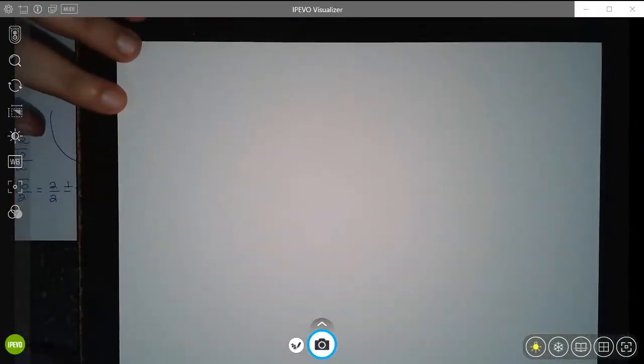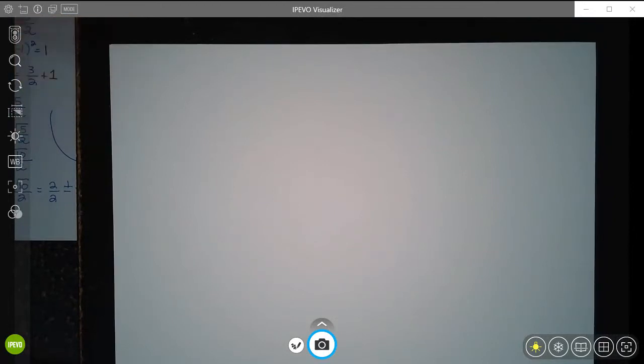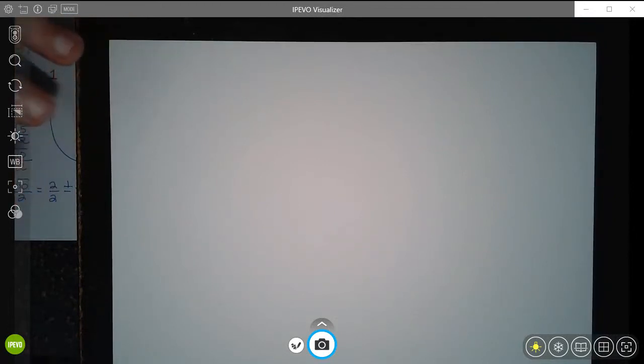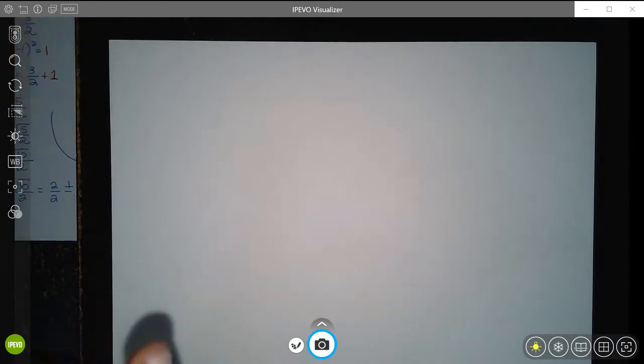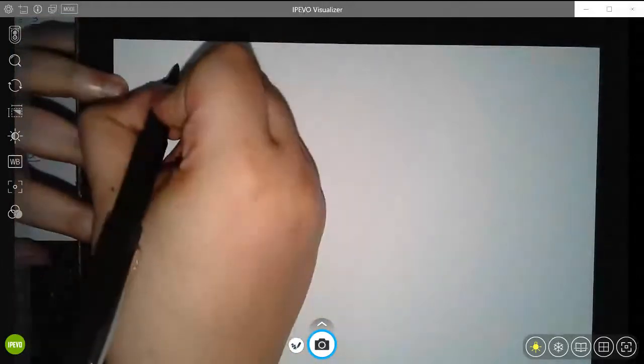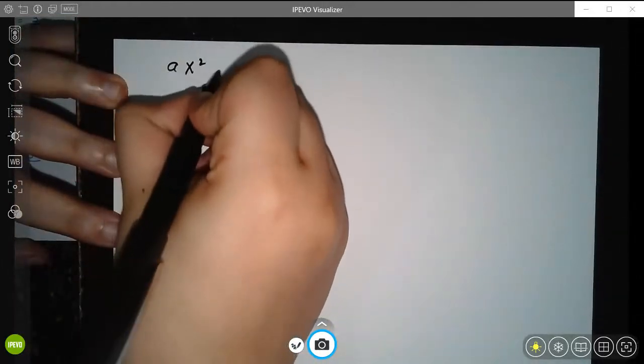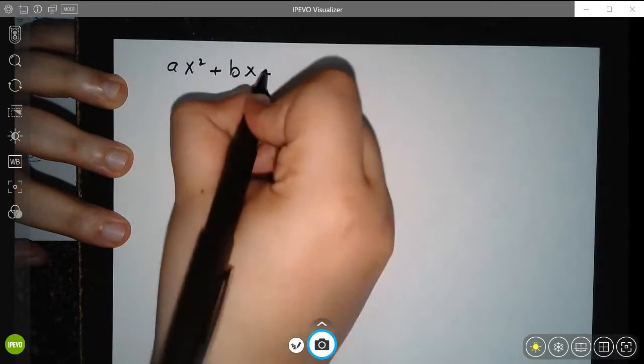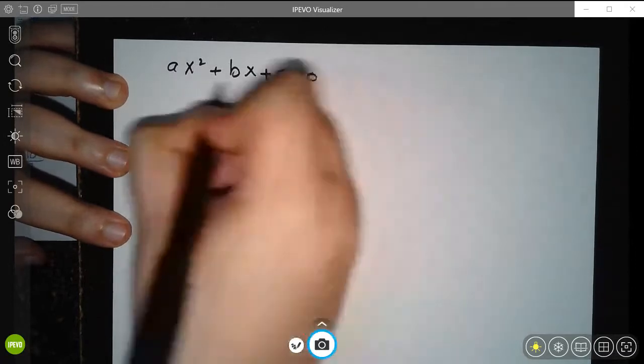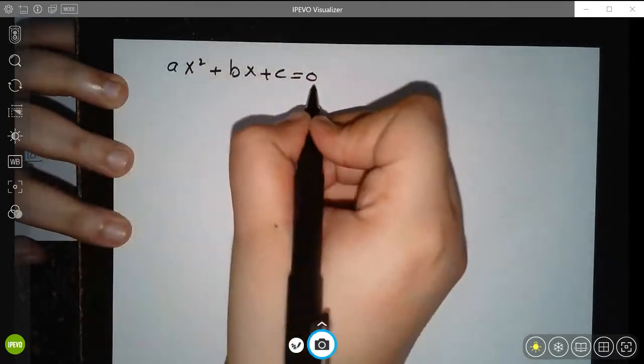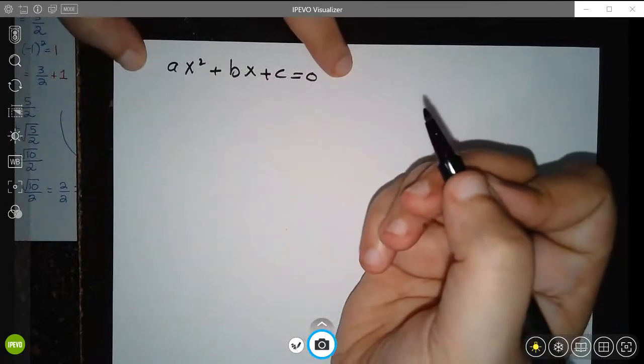But here's another one. This is one that's called completing the square. It's when you want the quadratic equation to be in the form of a complete square. Now, what's a complete square? A complete square is when you have ax squared plus bx plus c equals 0. When you have this equation, this is like a standard quadratic form, right?